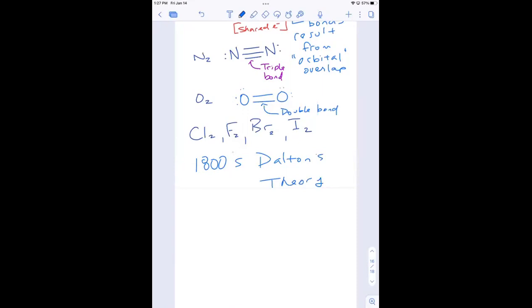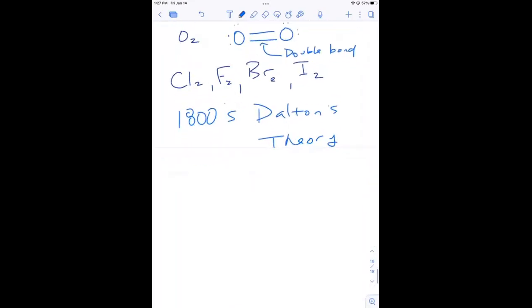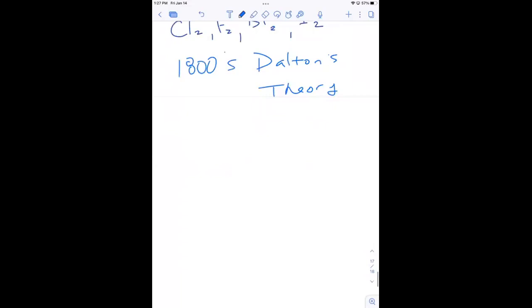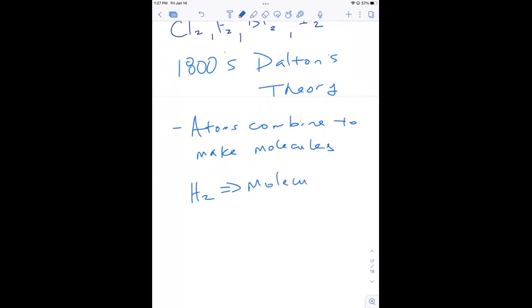when we think about atoms, when atoms combine, they make molecules. We already talked about hydrogen, H2. This is a molecule of hydrogen.